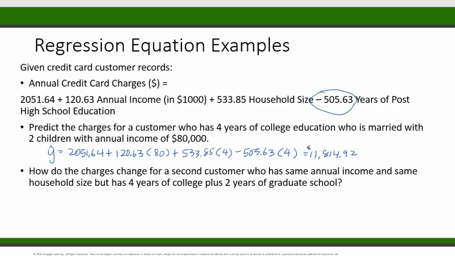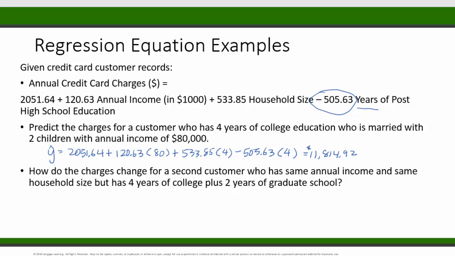The coefficient, negative 505.63, says, for each additional year of education, the annual charge will decrease by $505.63. So for 2 more years of education, the charge will decrease by 2 times 505.63.